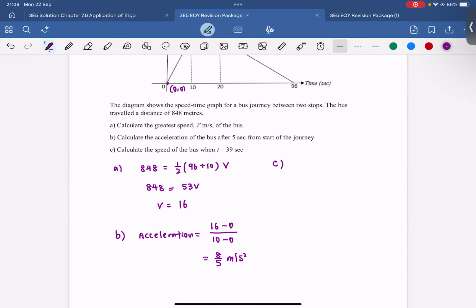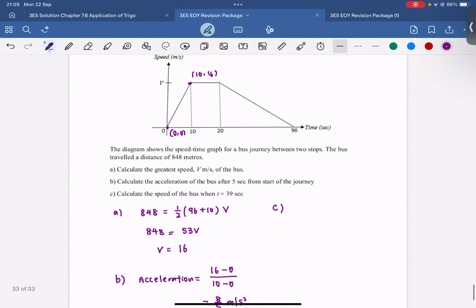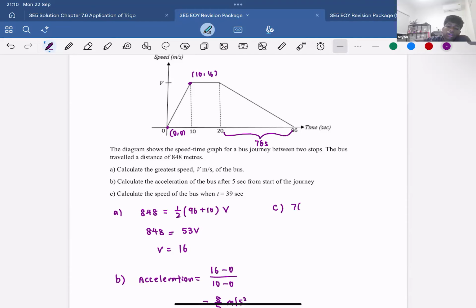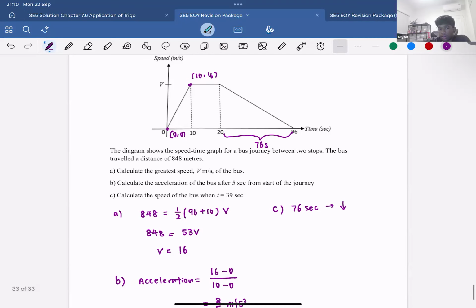C. Calculate the speed of the bus when T is 39. So how? Gradient is one way. The other way, you can just use simple math. You can see how long is this? This is 76 seconds, right? So it takes 76 seconds for the speed to drop by how much? 16.